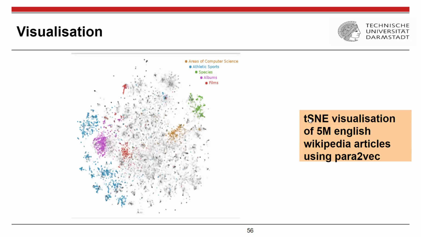You can see that similar articles like areas of computer science, athletic sports, species, albums, and films are close in space. So it maintains the constraint that similar documents will be close in space.